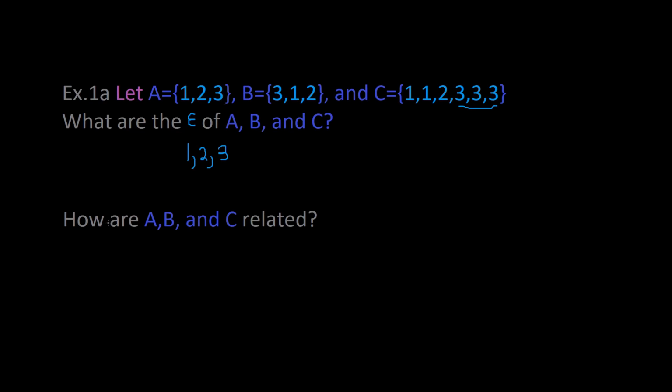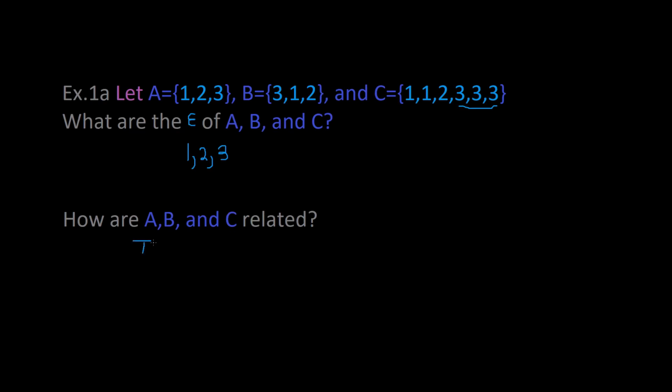Alright, so how are A, B, and C related? So I'm going to give you 15 seconds to think about that. Alright, if you guessed it, they have the same elements, right?